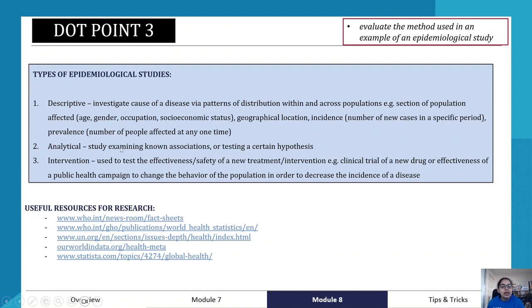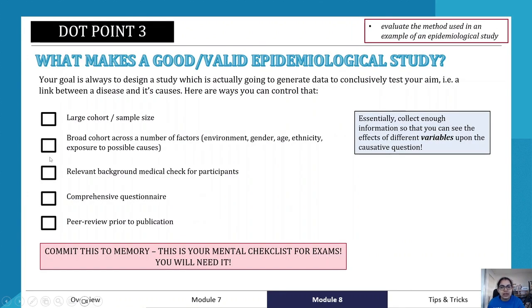Analytical studies examine known associations, or test a certain hypothesis. And finally, intervention studies are used to test the effectiveness or safety of a new treatment or intervention. For example, a clinical trial of a new drug, or the effectiveness of public health campaigns, would be part of an intervention study as well.